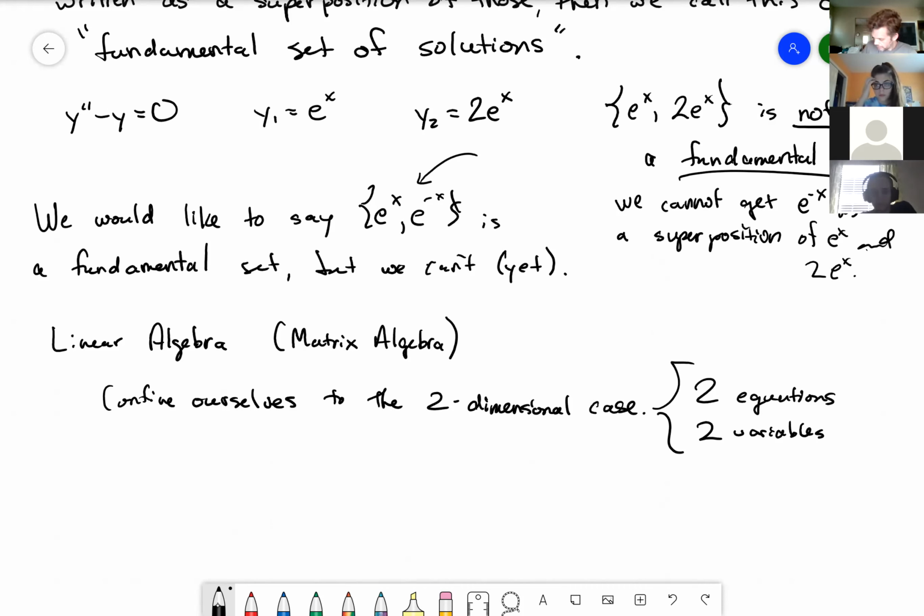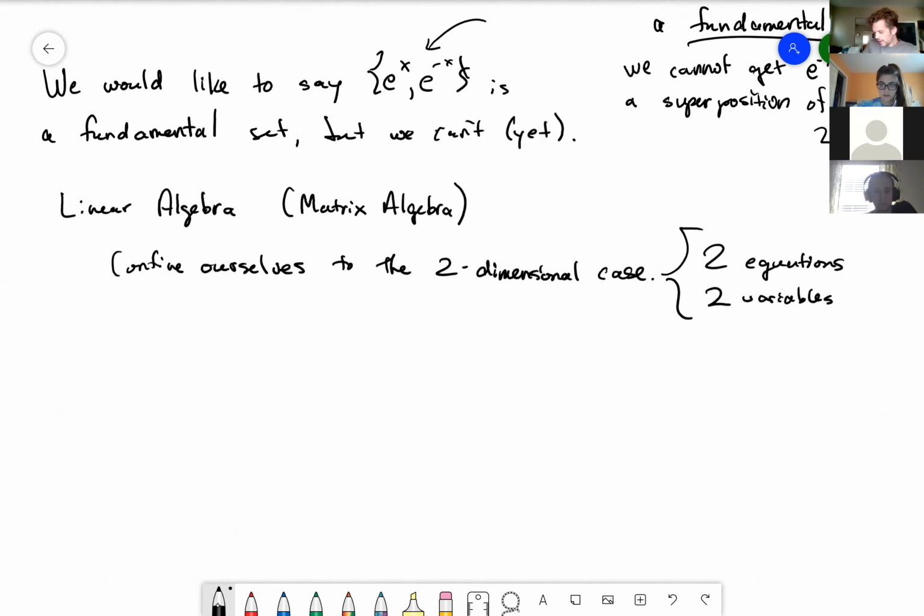Whenever we have two equations and two variables, let's call these variables x and y, just for simplicity. We're taking a step back for a moment from calculus, and we're going to be talking about just systems of linear equations.